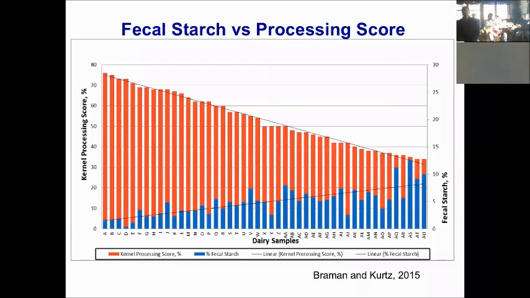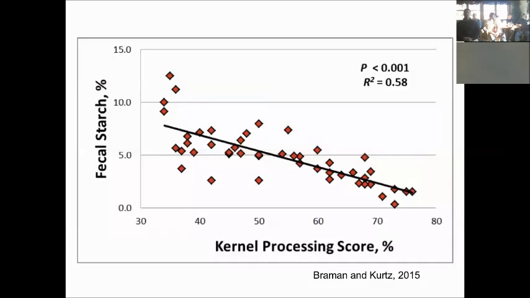As your kernel processing score declines, your fecal starches are increasing. The graph of that relationship is here in a simpler form. Processing score high, fecal starches low. Processing score low, fecal starches very high.